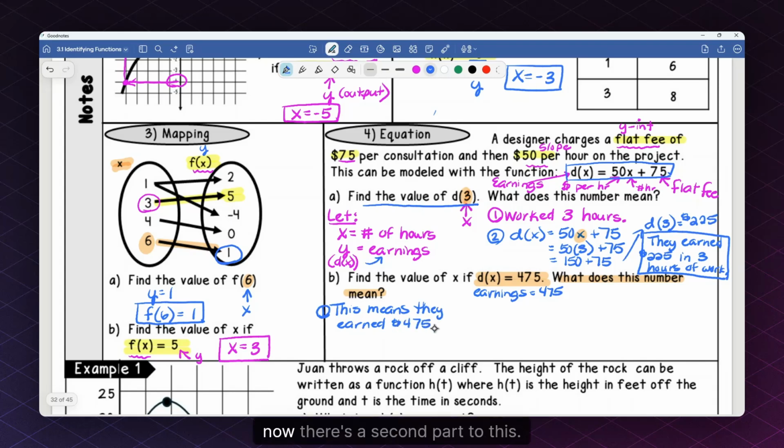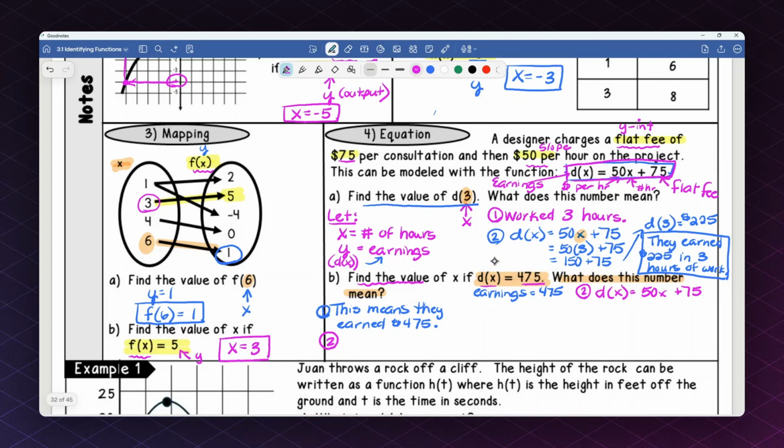Now, there's a second part to this. It's asking to find the value of this. If my D of X equals 475, I can rewrite the equation. I'm going to rewrite this function: D of X equals 50x plus 75. It's the same one that we did in the last problem.